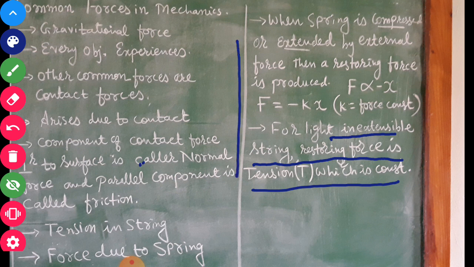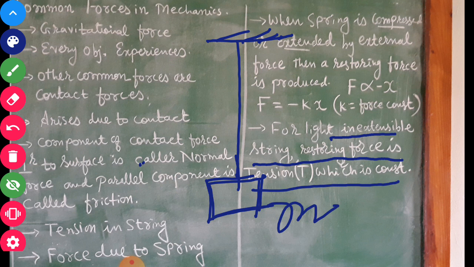If the string is like this, and a mass is tied at the free end of this string, then the weight of the object will be in the downward direction. Then the restoring force produced, in the opposite direction of mg, is nothing but the tension produced in the string.